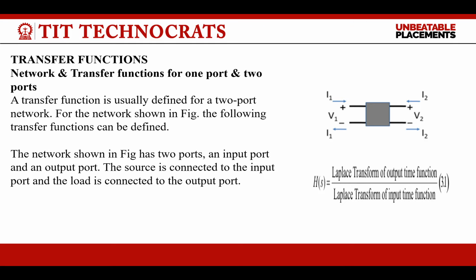Transfer function. The transfer function is usually defined for a two-port network. For the network shown in the figure, the following transfer functions can be defined. Here, two-port network. So there are two ports, port 1 and port 2. At port 1, voltage V1 is applied and at port 2, voltage V2 is applied.